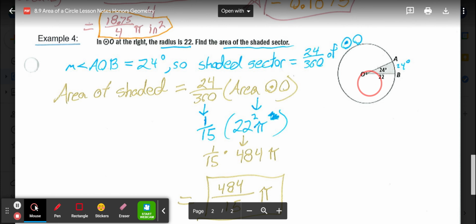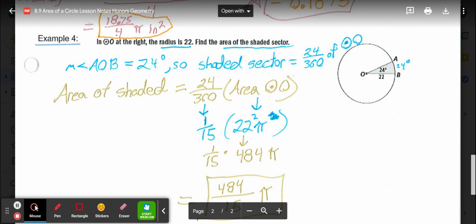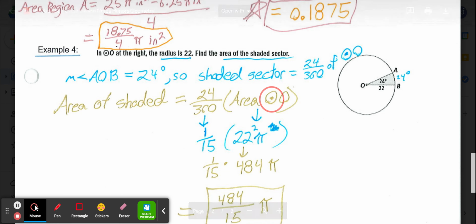And if I think about a circle being 360, the shaded section is 24 out of 360 of the whole circle. It's 24 360ths. So then, to find the area of my shaded region, it's going to be the area of the whole circle multiplied by the fraction that the region is, 24 over 360.